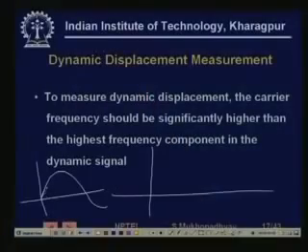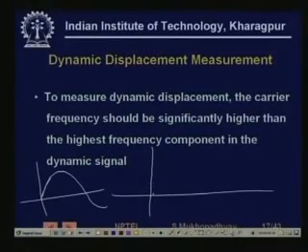Typically the excitation is given at an electrical frequency, something like 100 hertz, 200 hertz, typically 400 hertz. So the AC is a 400 hertz AC, very fast moving, every second changing sign 400 times. On the other hand, this motion is generally much lower frequency, 2 hertz, 3 hertz, 5 hertz, 10 hertz.